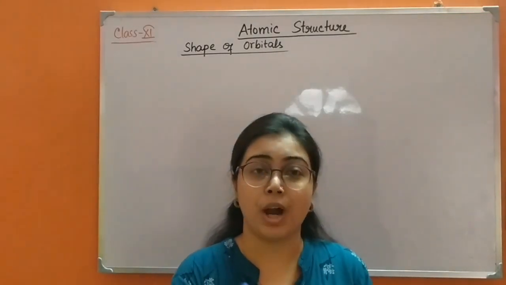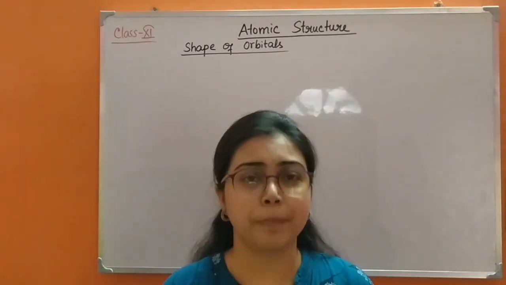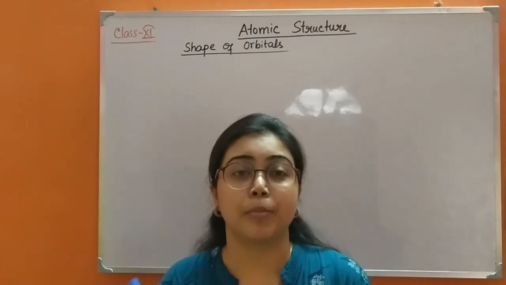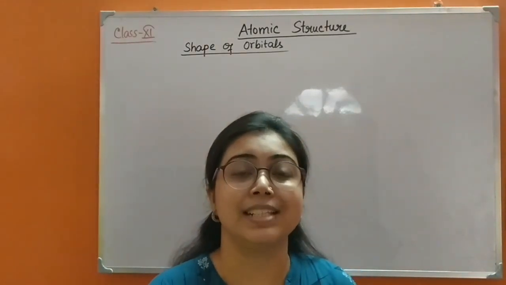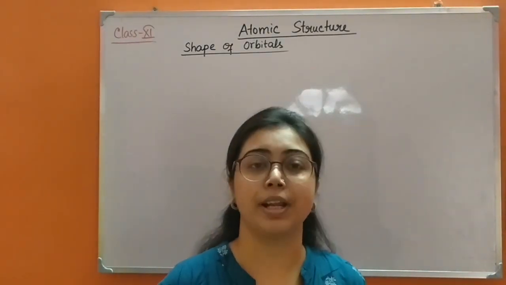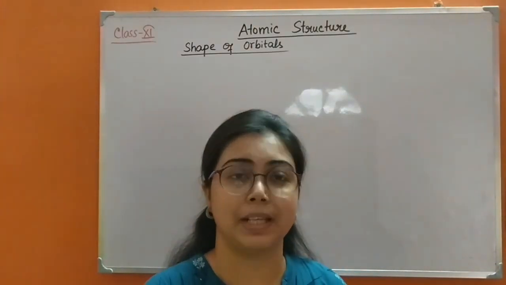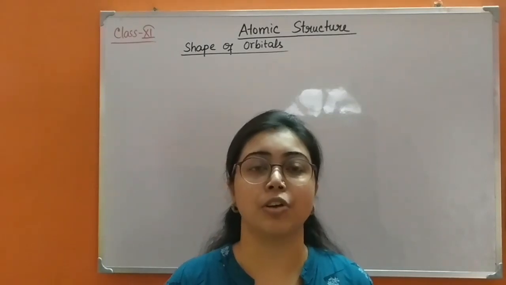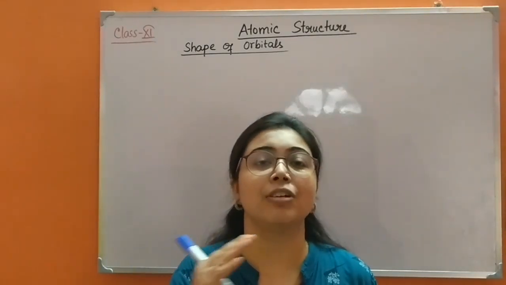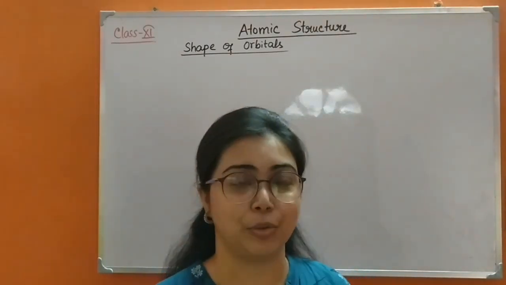So, there may be one or more points or planes where the probability of finding an electron is 0. Such points or planes are called nodal points or nodal planes. In these points or planes, the electron density is found to be 0.